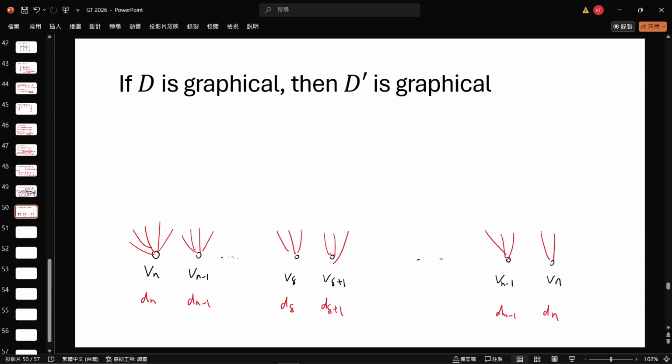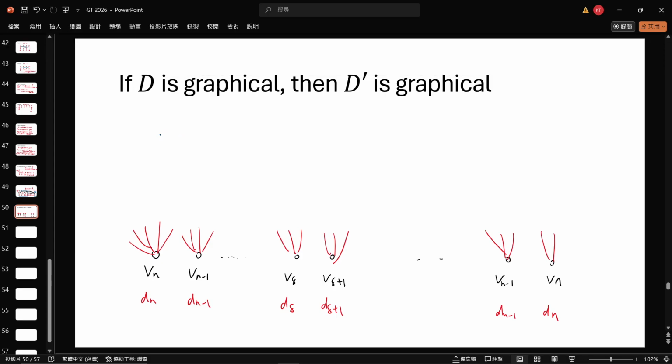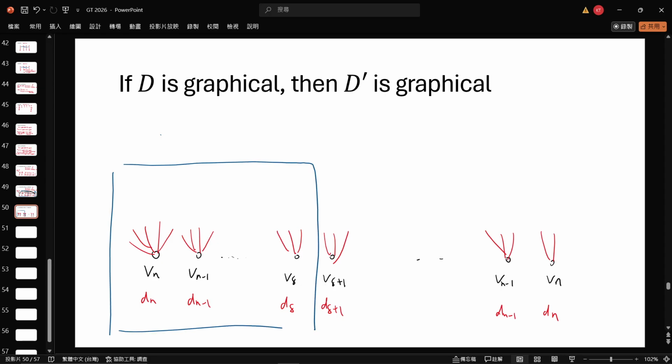Okay, so this is a graph that realizes D, okay? Now our goal is to construct a graph that can realize D prime, okay? So once again, we should focus on these two sets of vertices.